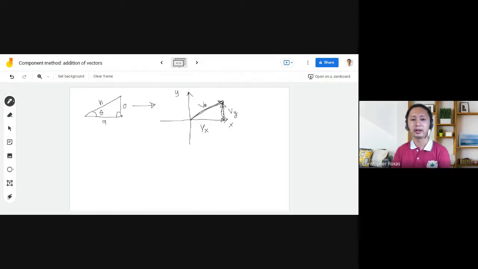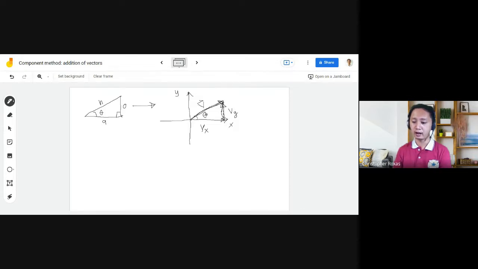Okay? By the way, the proper way of writing a vector in symbol is to have an arrow on top. Okay, let's put an arrow on top of this vector. Okay? So, okay na kahit wala dito sa component niya. So, vector v has two components, x component and y component, similar to the hypotenuse of a right triangle, which has two legs, horizontal and vertical leg. And also, this is our angle theta.